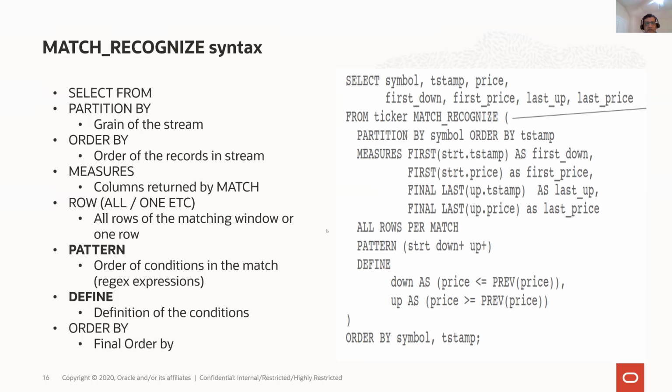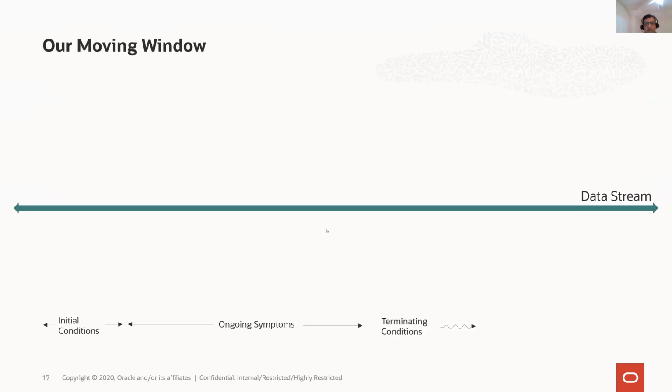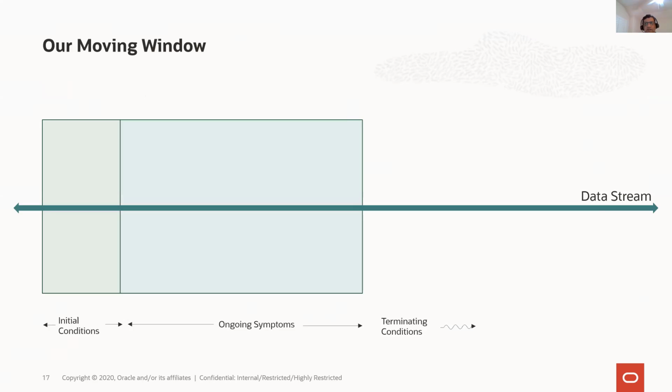Now, let's look at how this was applied to the stream of data for symptom reports. So this is a data stream for a single participant. Now, imagine there's a moving window with multiple conditions. Each of them is a condition like the ones I showed earlier in the define. There's a set of initial conditions, ongoing symptoms for a few days, and terminating conditions.